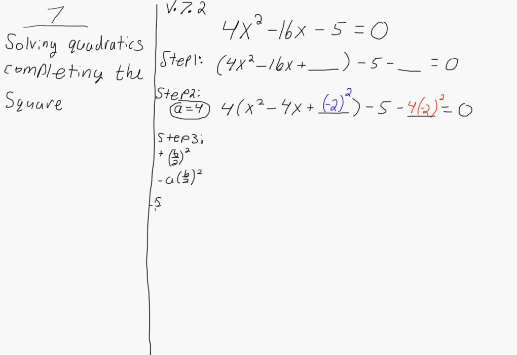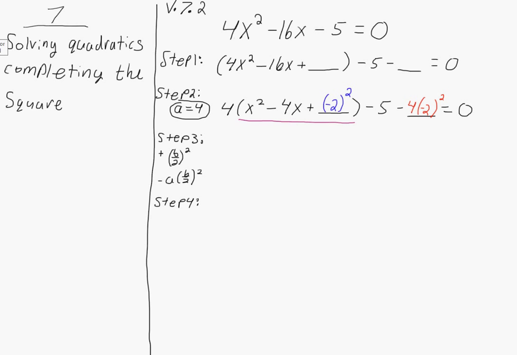Step 4 is to rewrite this part right here. This part is a perfect square trinomial, so I'm going to rewrite it as if I were factoring it. This is x squared minus 4x plus 4, which obviously factors to x minus 2.